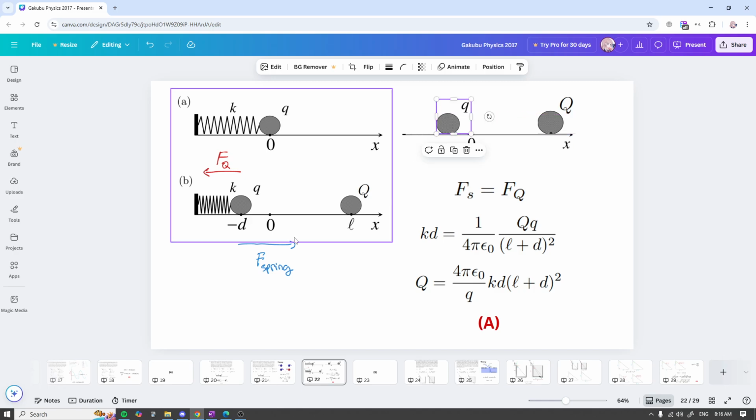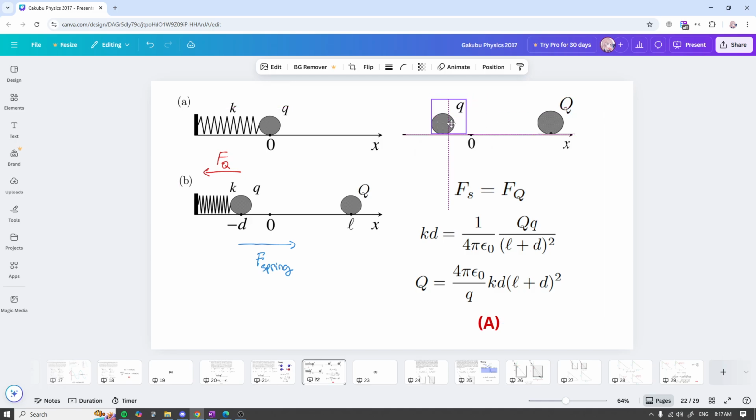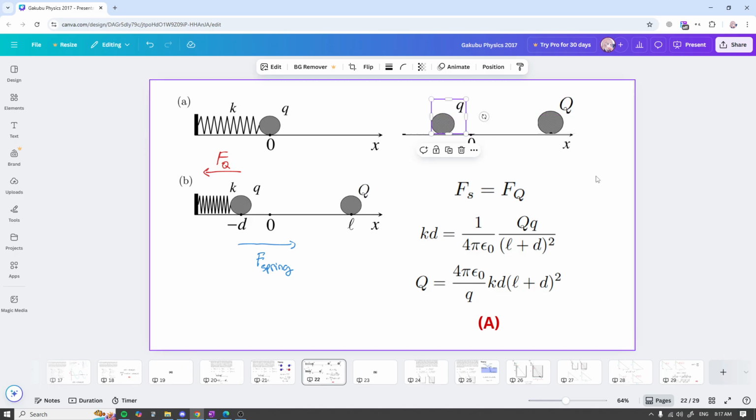And from part B, we know that it is stable at distance d. So what does it mean for it to be stable? It stops moving. It doesn't go anywhere, so it's stable at d. It doesn't move at all at distance d.